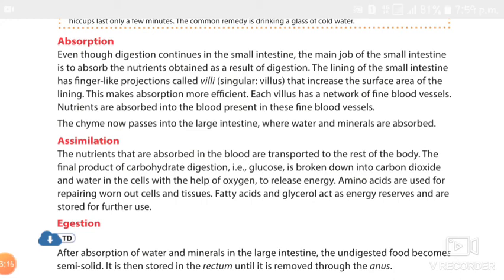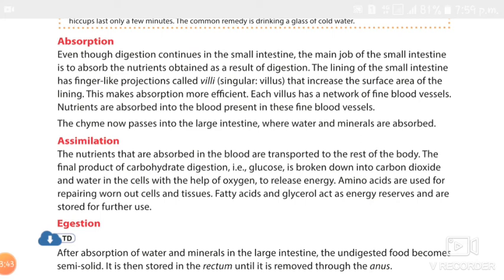Many friendly bacteria are present in the large intestine, and they help in the digestive process. After most of the water is absorbed from the undigested food, a semi-solid mass called feces is formed. The feces is stored in the rectum until it is removed through the anus.